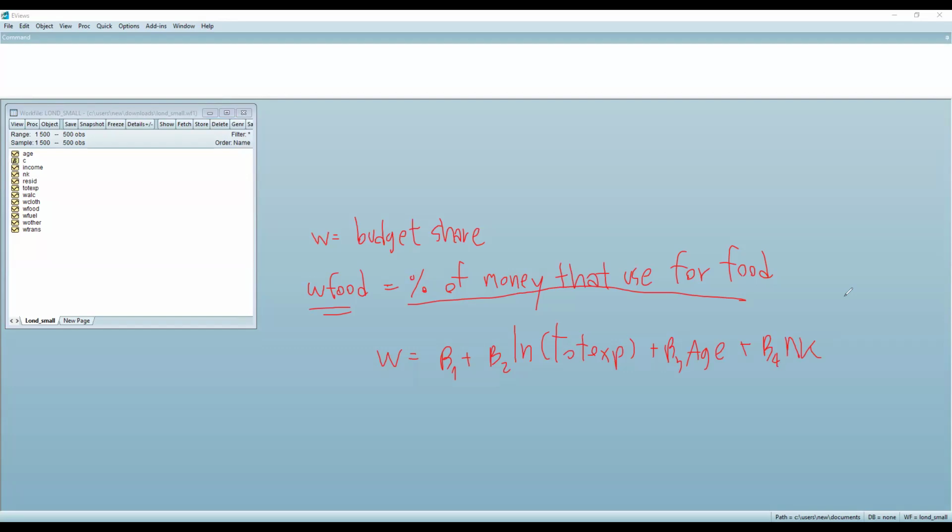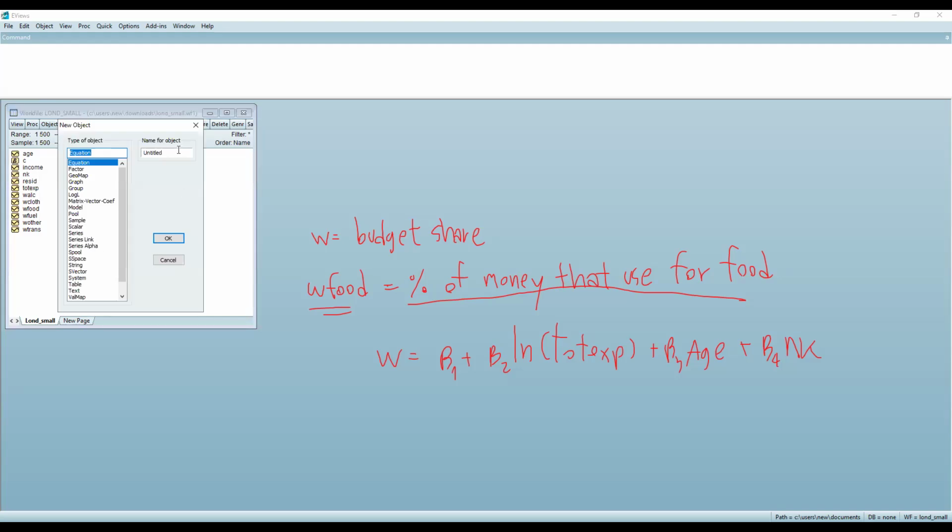What should I click first? Object, yes, good. Object, new object, equation, and you name it EQ01, equation 1.